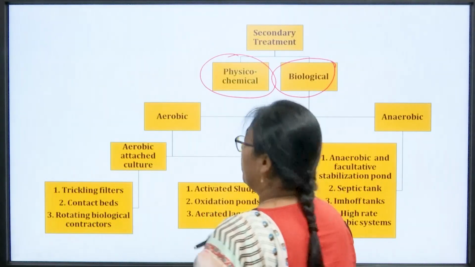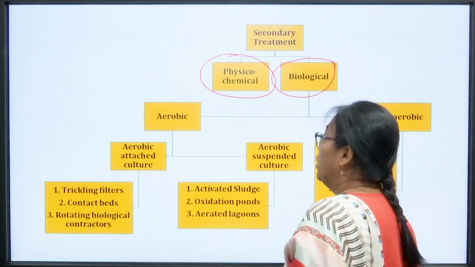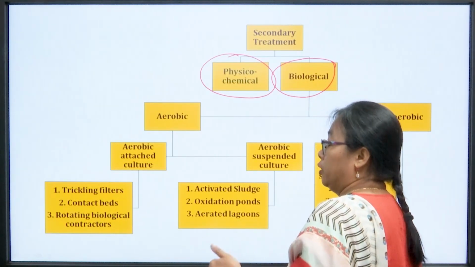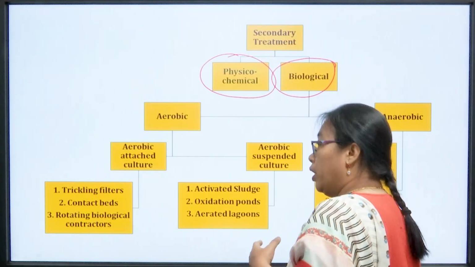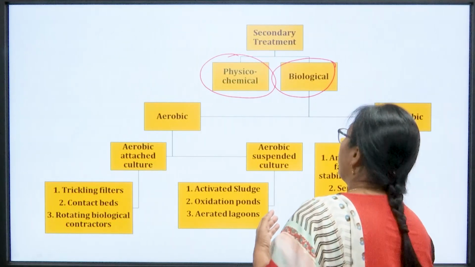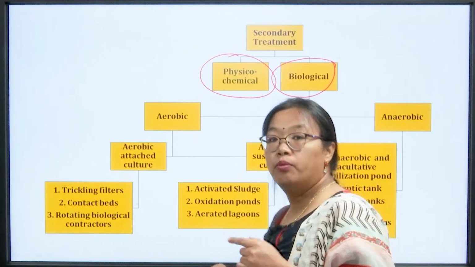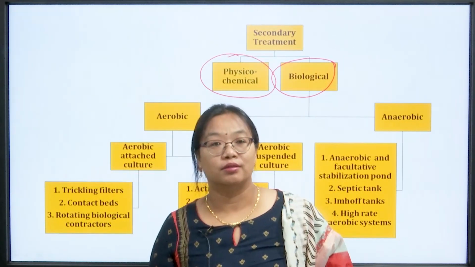Physico-chemical means you can use chemicals like coagulants, or physical processes like filtration, which is going to be very costly, and a country like India cannot afford it. When we talk about biological, it can be of two types, either aerobic or anaerobic.